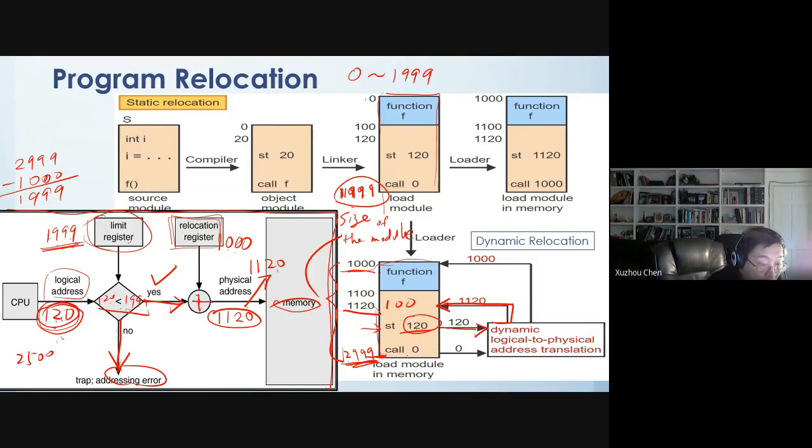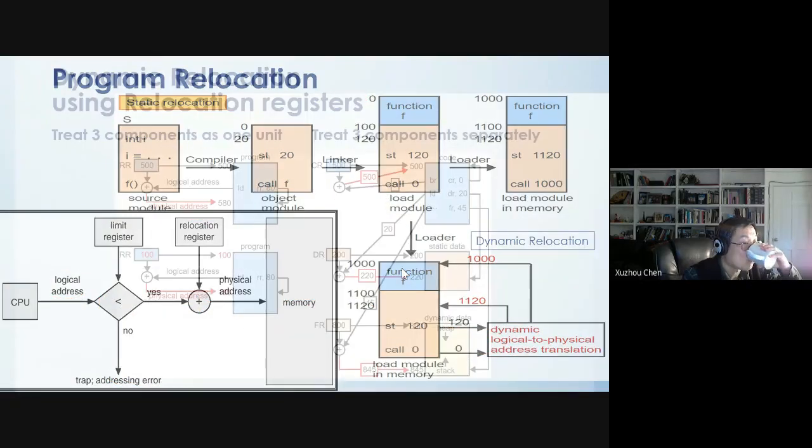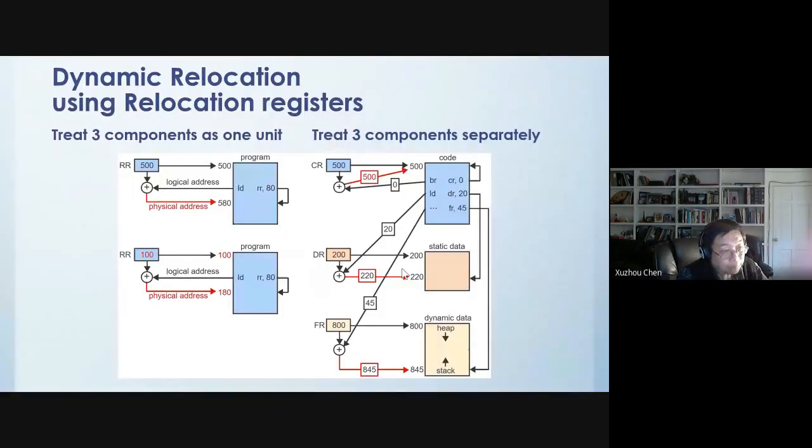When you call 0, 0 is less than the limit register, so go over here, 0 plus 1000 is 1000. So you call 1000, which is the location of the function in the physical memory. Any questions?